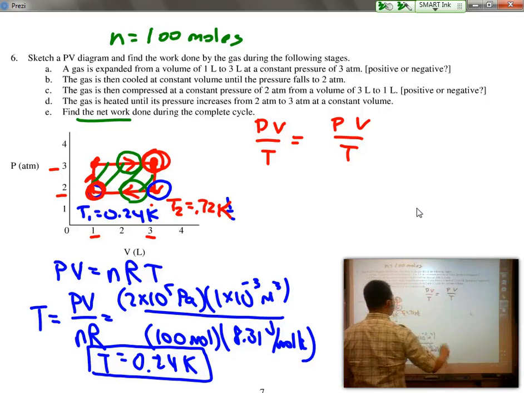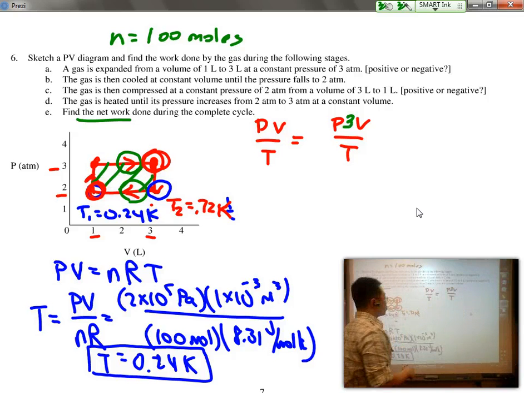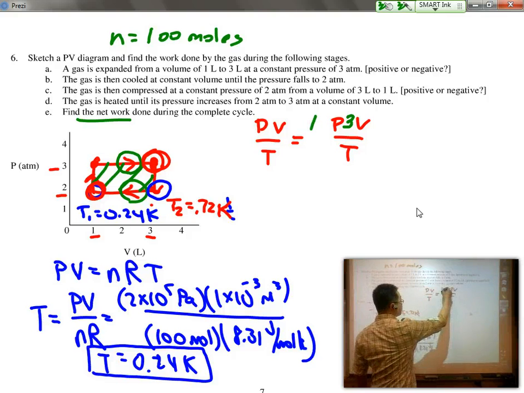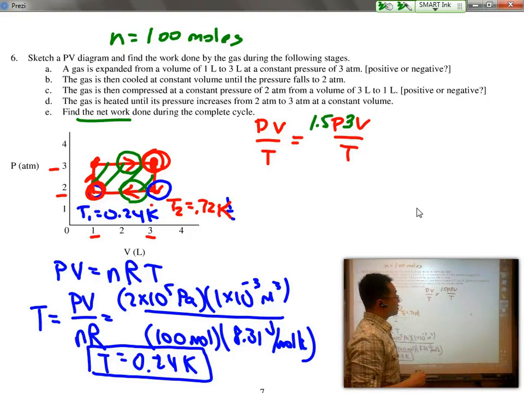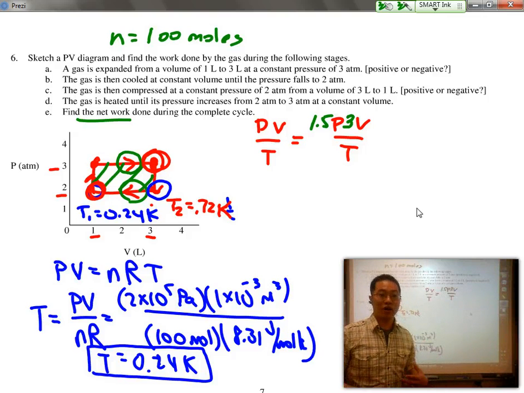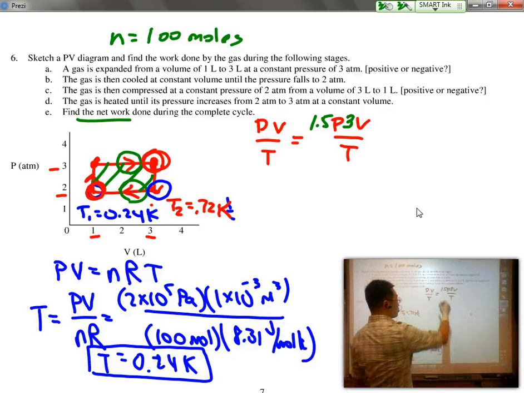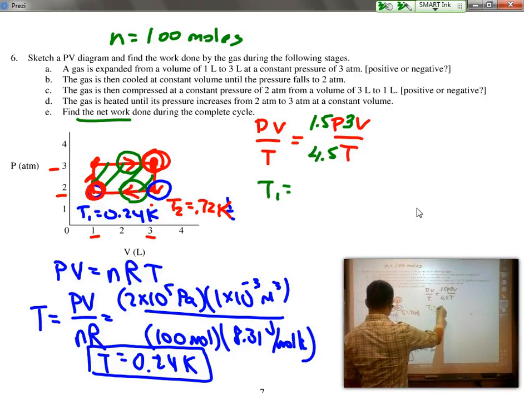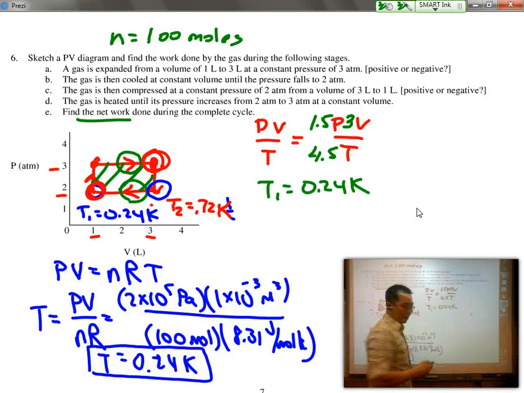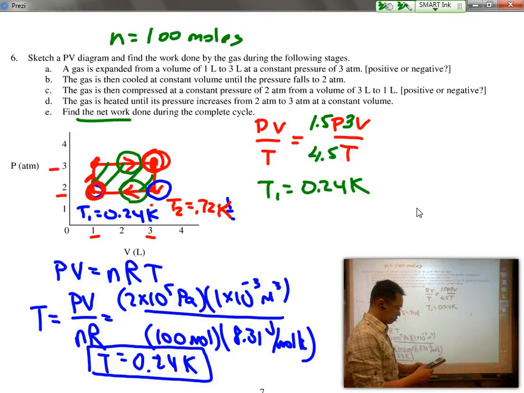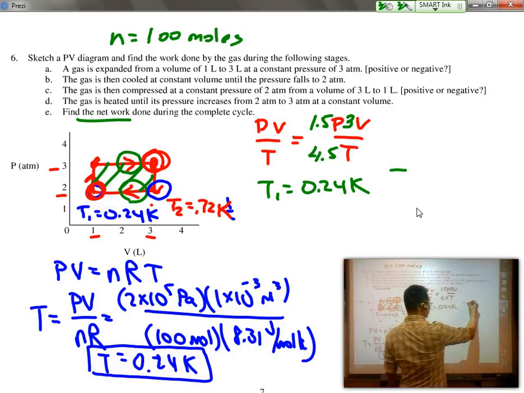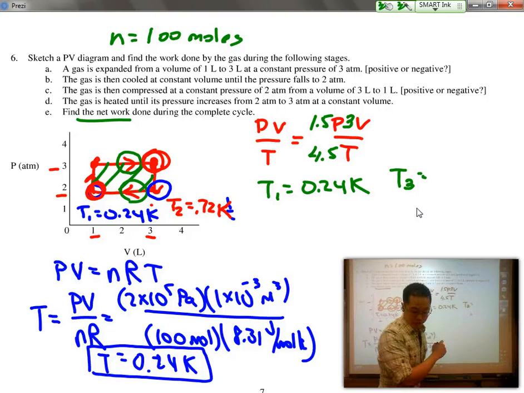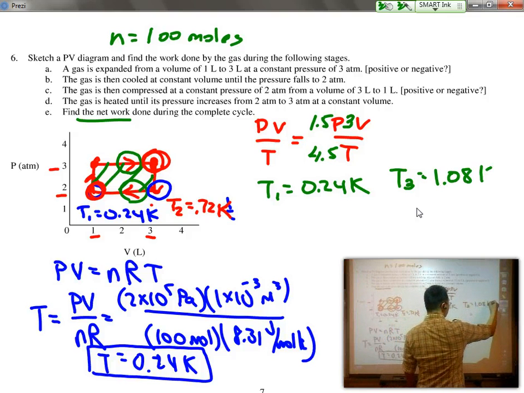So, as I said before, the volume has tripled. The pressure has increased by 1.5. So if I want to cancel out all those multipliers, the temperature must also change by something that will cancel it out. So the temperature must have increased by 4.5 times. The original temperature T1 was 0.24 Kelvin. That means my new temperature at that third location would be 1.08 Kelvin.